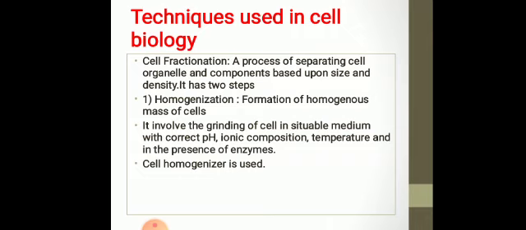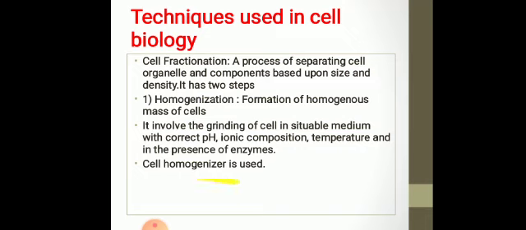It mixes well. So in this process, we will put the cells into a homogenizer. A homogenizer is a blender, like the blender you use at your homes for making milkshake or any other thing.